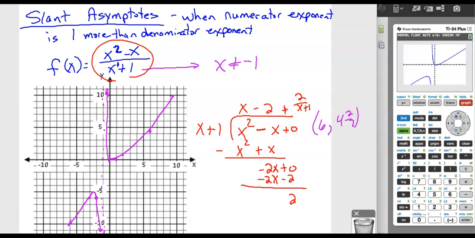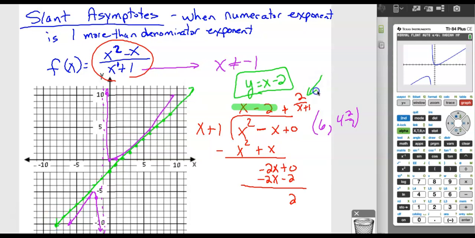Now, what does this mean? Well, if you notice this right here, that's literally y equals x minus 2, my slant. So if I graph this at -2, I'm going to go up 1 over 1, up 1 over 1, up 1 over 1, up 1 over 1. Down 1, down 1, down 1, down 1, down 1, down 1, down 1. So notice my slant is right there. That's the equation of the slant.